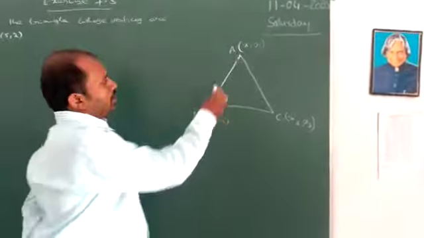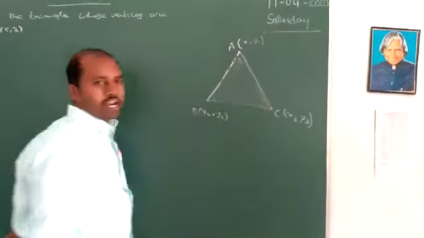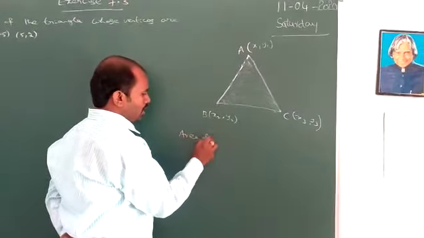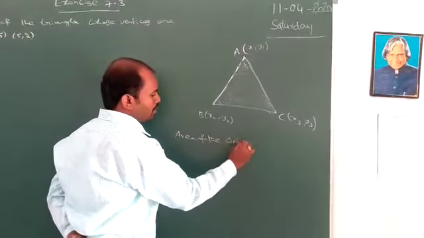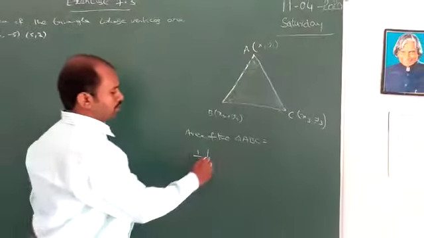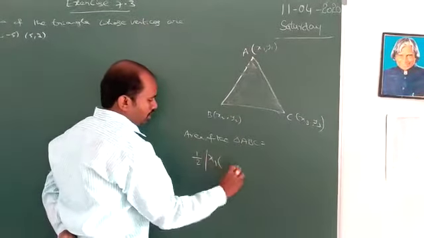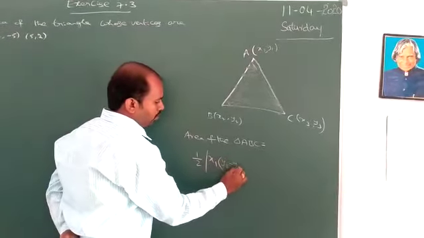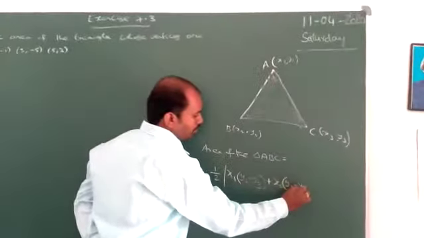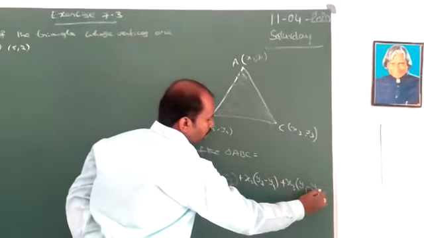If you want to find the area of the triangle, the formula for the area of triangle ABC is half into modulus of x1 into y2 minus y3 plus x2 into y3 minus y1 plus x3 into y1 minus y2.